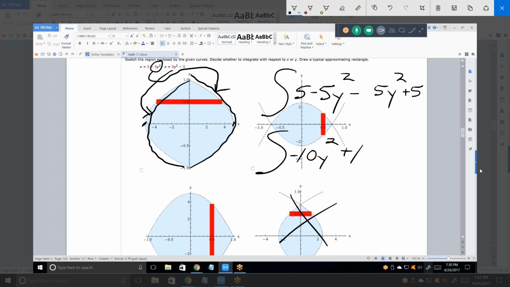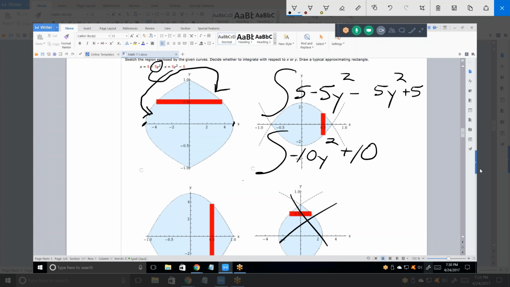Now, we're integrating from what to what? It might be easier for you to see if I erase that. So it's on the y-axis, right? Yep. Always go from bottom to top.